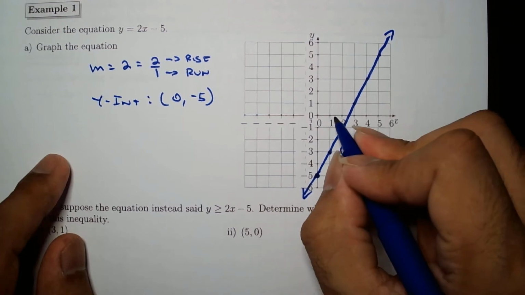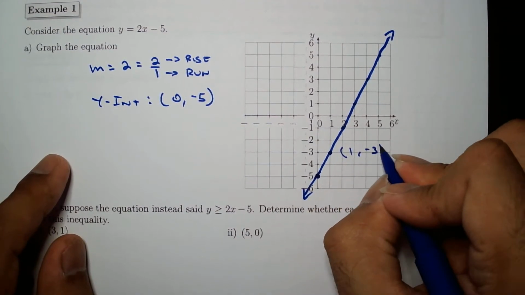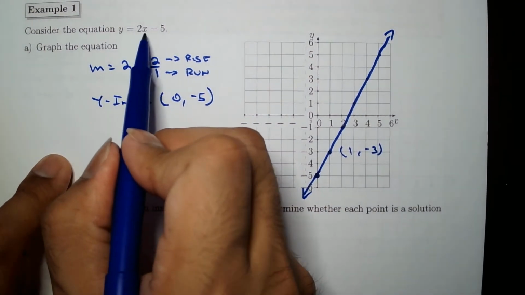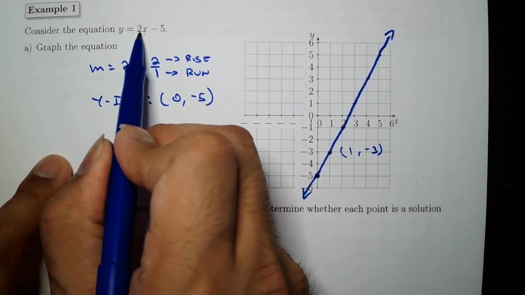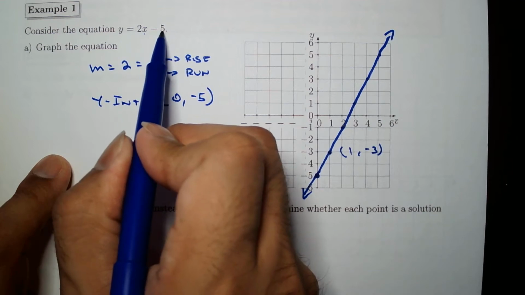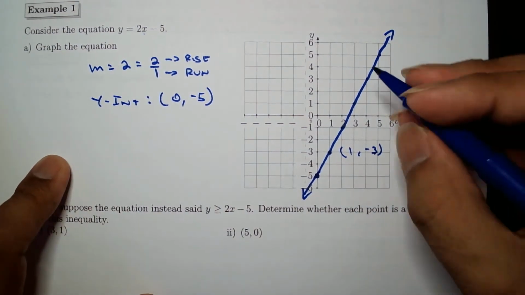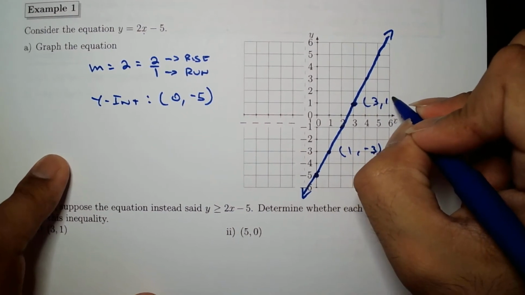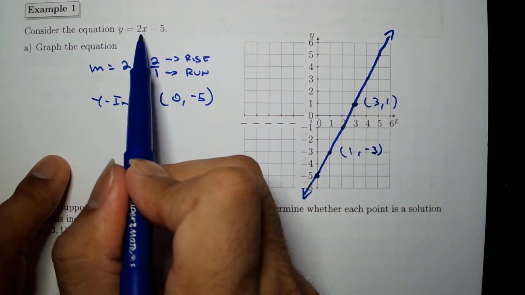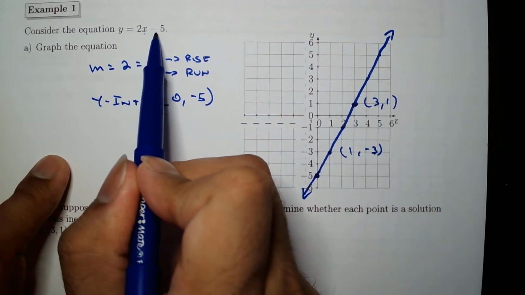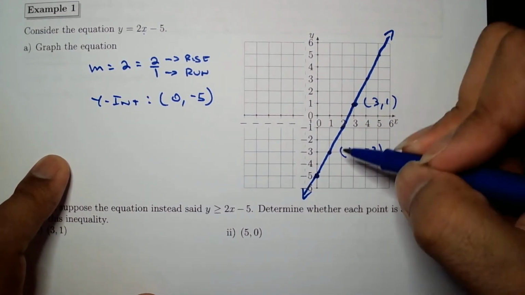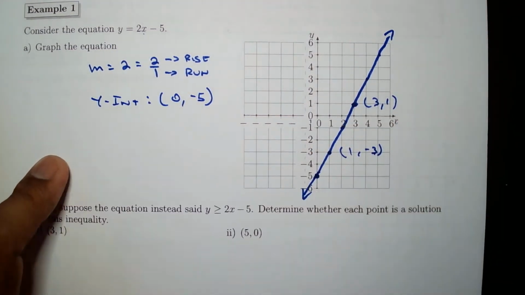The point 1, negative 3 is another solution: plug in x equals 1, 1 times 2 is 2, 2 minus 5, negative 3. The point 3 comma 1: 3 times 2 is 6, minus 5 equals 1. So all these points that lie on the line are solutions to the equation.